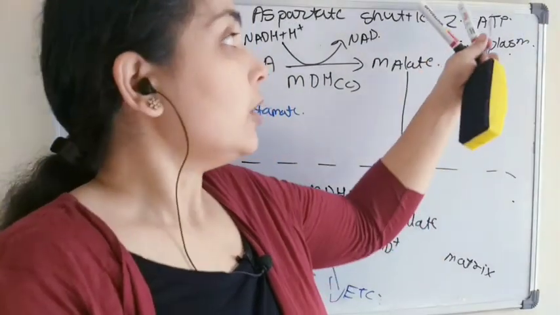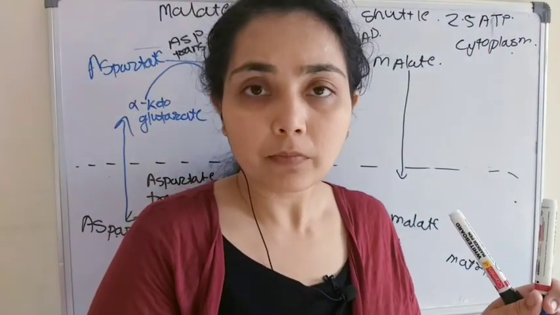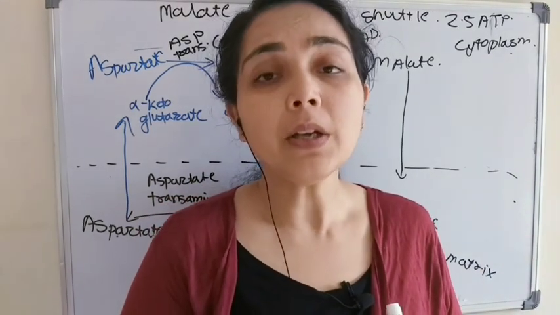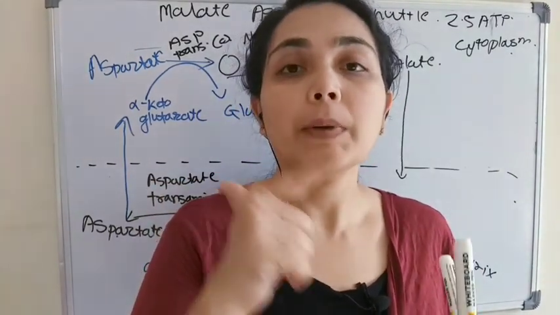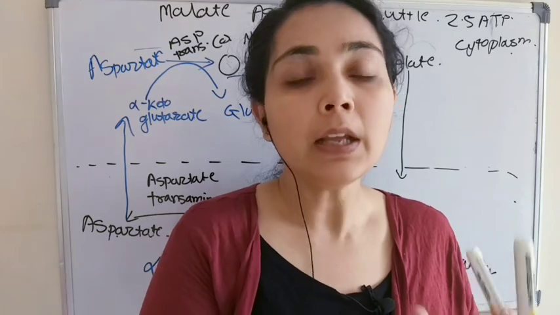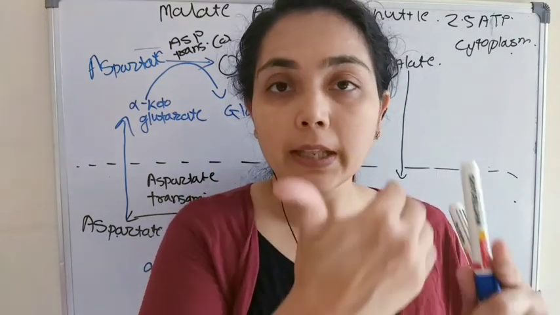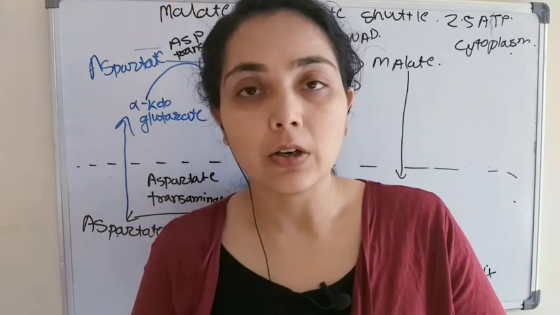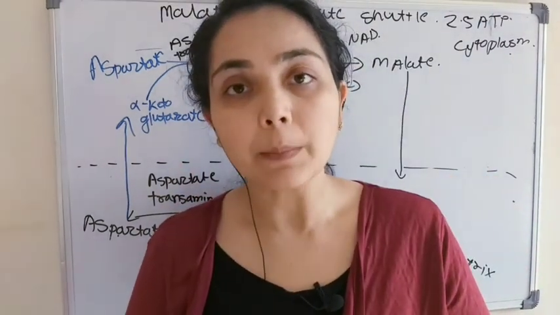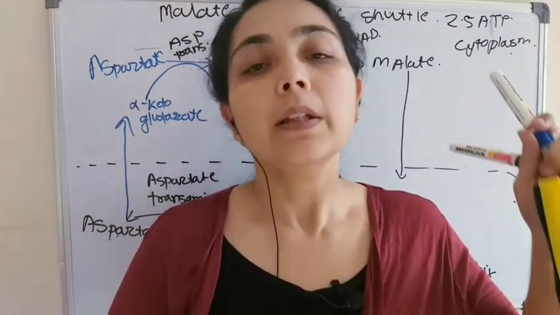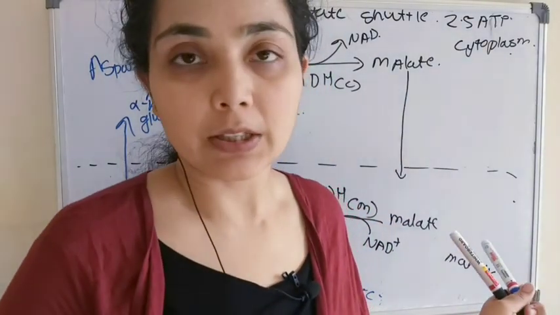Therefore, we will get 2.5 ATP. And why do we need a shuttle system? Because NADH present in the cytoplasm of the cell, which is generated during glycolysis, cannot cross the inner mitochondrial membrane. Therefore, there is a need for this shuttle system.